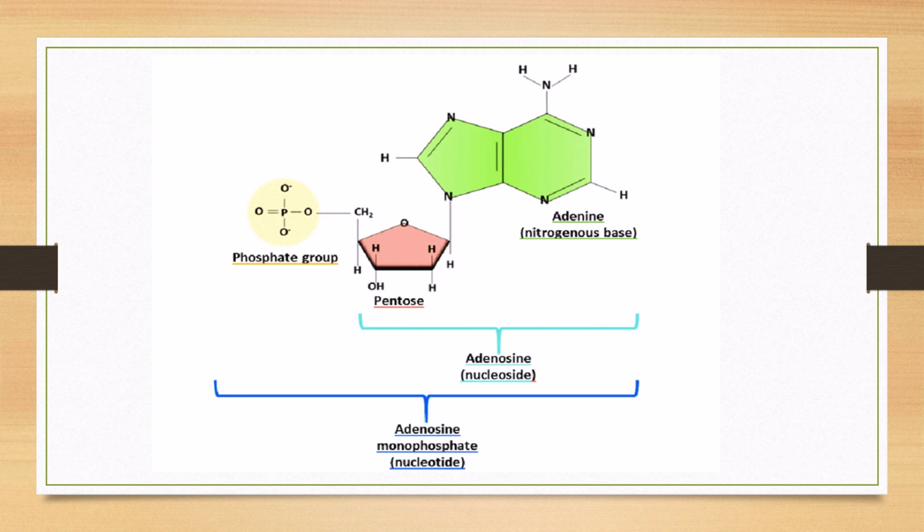To detail the structural feature, now we can find that this is a structure of a nucleotide, adenosine monophosphate. So the major component here being the base held together by the deoxyribose sugar.